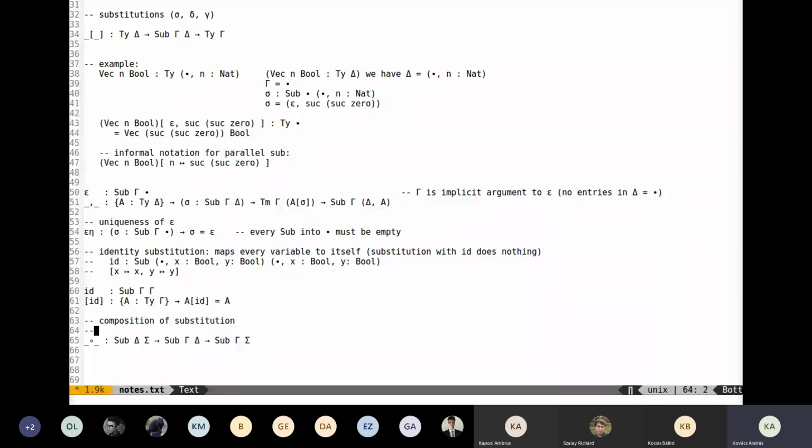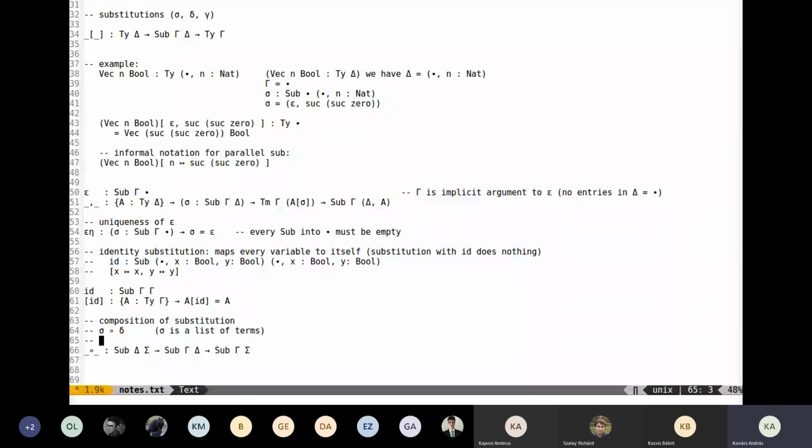And what's the intuition for a composition of substitutions? If I have something like sigma delta, then we already know that the substitution can be viewed as a list of terms. So here, sigma is a list of terms, and this composition operation also computes.